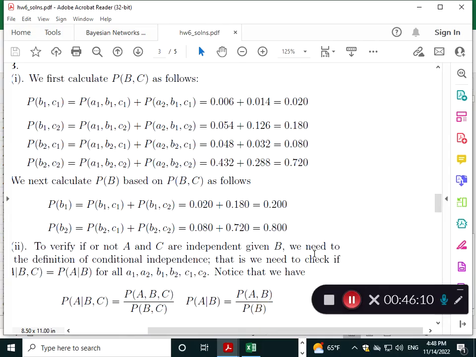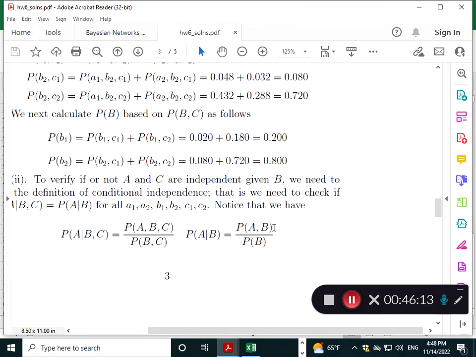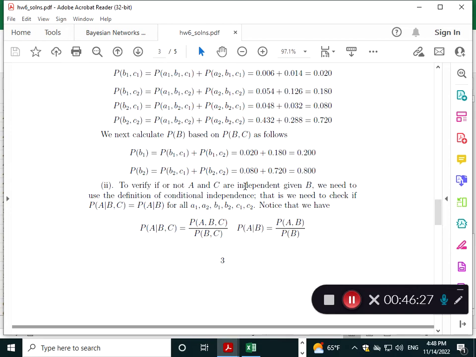Wrong table. I'm basically saying that given I know BC, let me think which way to explain this will be faster. Okay, look at that statement there.